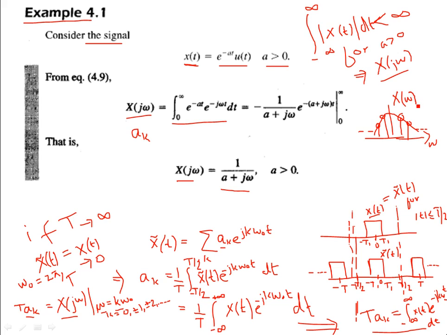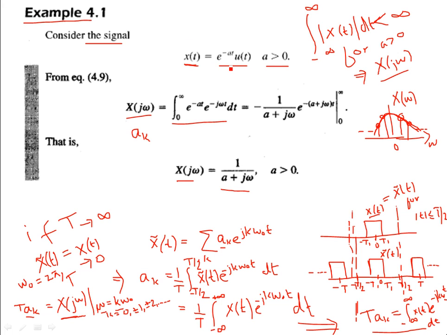Okay, so X(j omega) is simply showing you how the frequency is distributed in a signal. That won't be wrong to say. So T a_k is being represented by the envelope, which is continuous in omega, and that envelope happens to be X(j omega), which gives the frequency distribution of the signal. For example, for this particular configuration, we can see that more strength is concentrated at DC instead of high frequencies, right? So low frequencies are predominantly contributing more strength to x(t).